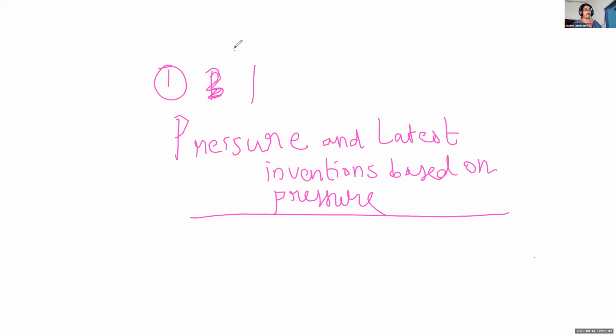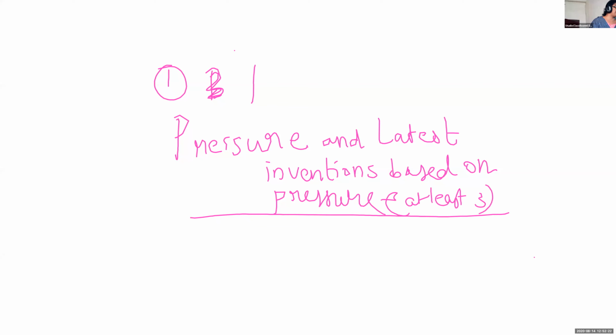So you understood. The idea of pressure you will get from the textbook, but for latest inventions, you should have at least 3, maybe some machines based on pressure. Look at what has happened after 2000.